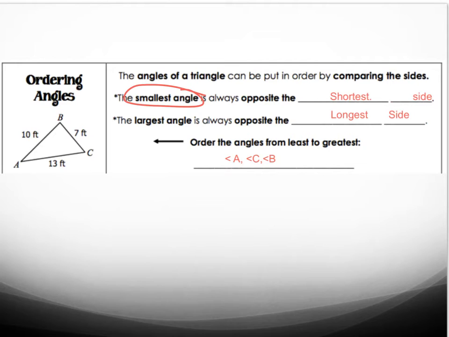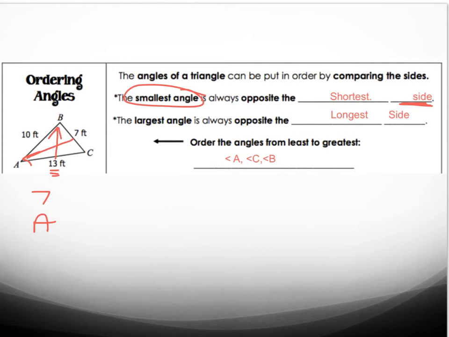So let's take a look and let's find the smallest angle. Oh, we don't have information about angles, so let's go and find the smallest side. So the smallest side is 7. What's across from 7? Go across. 7 is across from angle A. So what is the largest side? The largest side is 13. What is 13 across from?